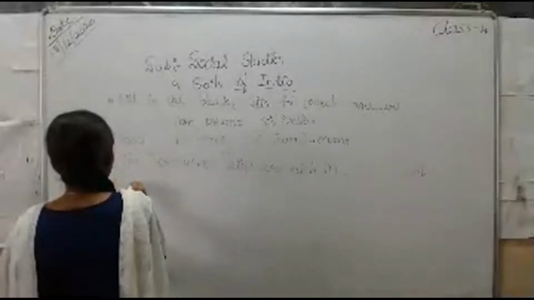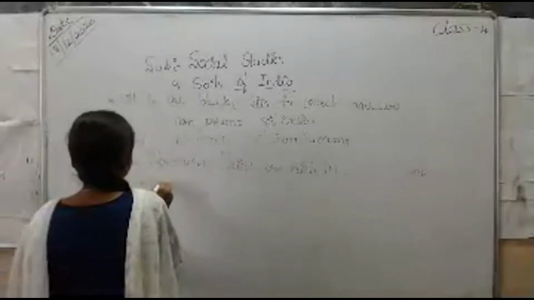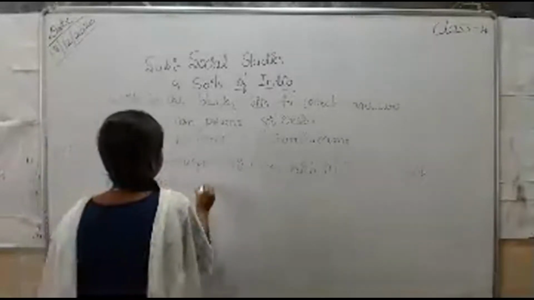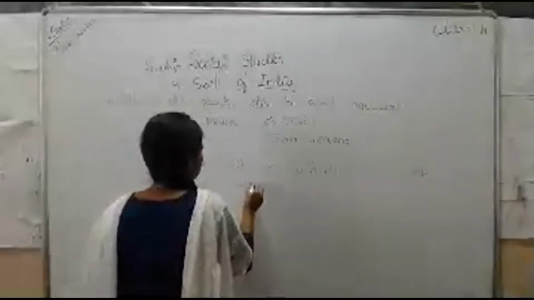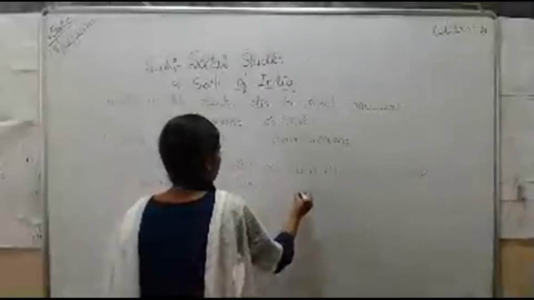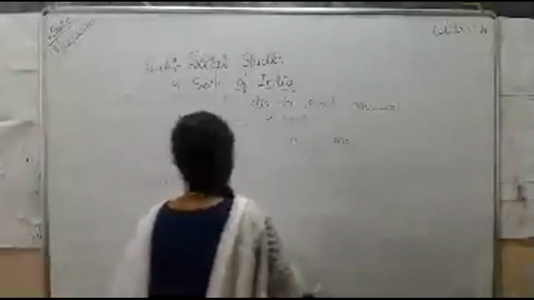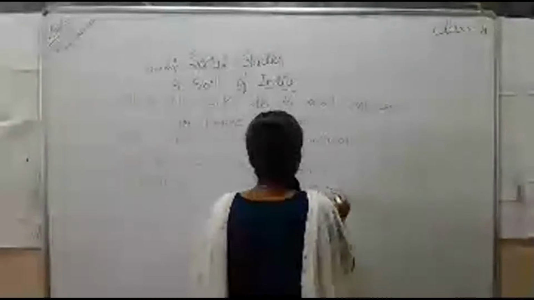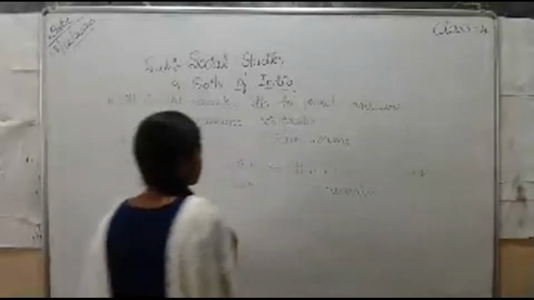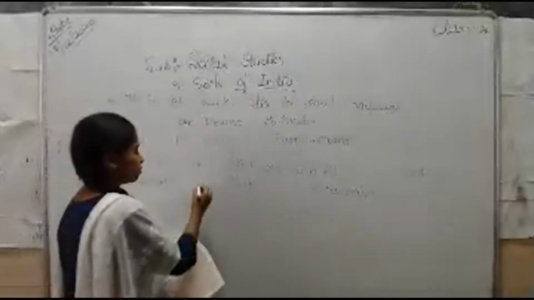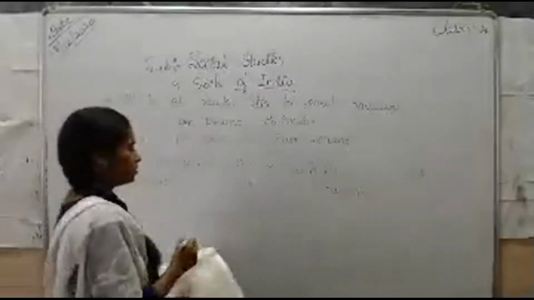Option A, laterite. Option B, alluvial. Option C, mountain. So which is the right answer? In the northern plains you can observe alluvial kind of soil.